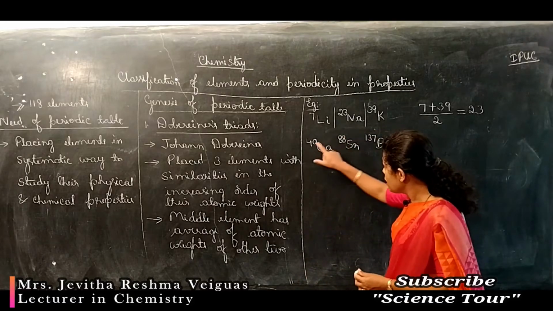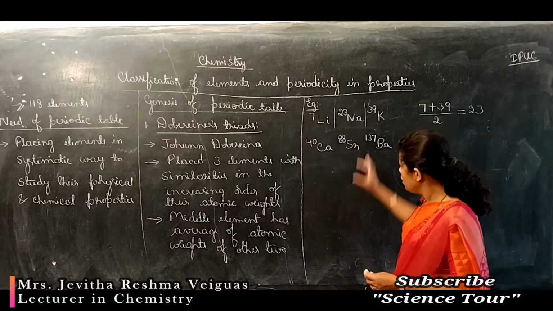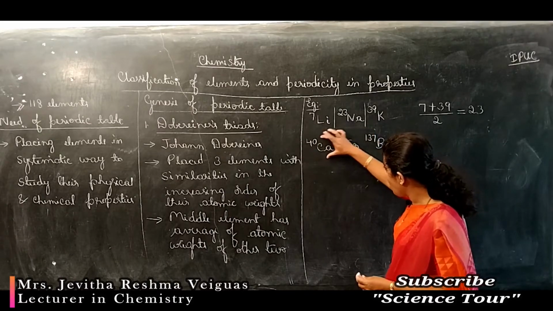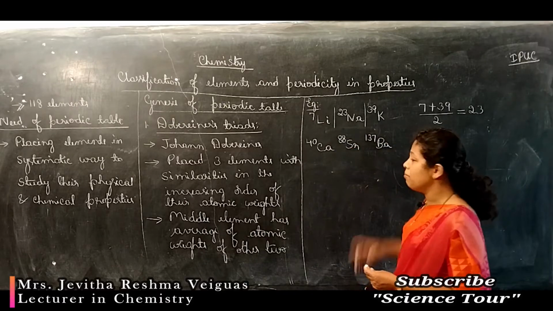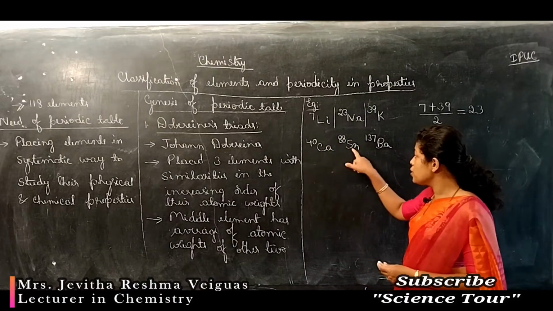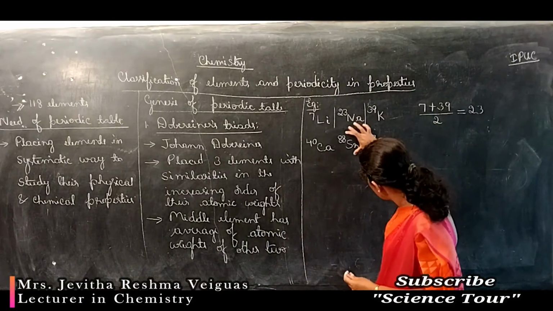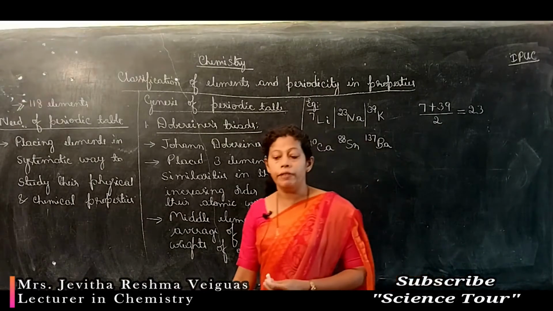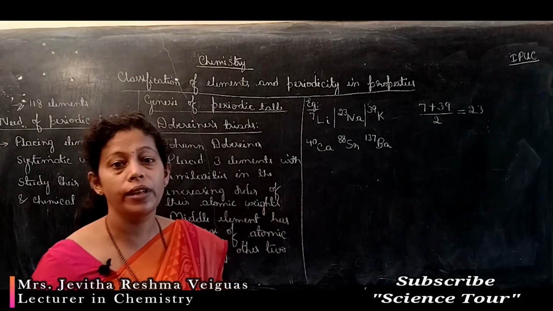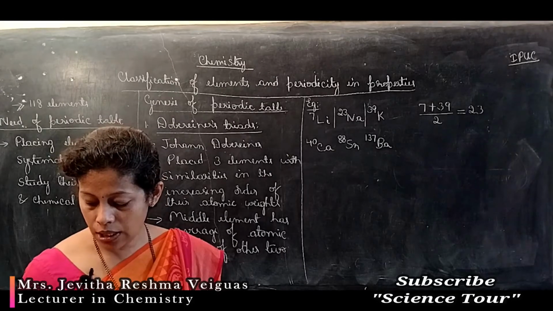The 88 is the average of 40 and 137. Strontium's atomic weight is the average atomic weight of calcium and barium. So he kept 3 elements with similar properties in the increasing order of atomic weights. The middle element had an atomic weight which is the average of the atomic weights of the first element and the last element.